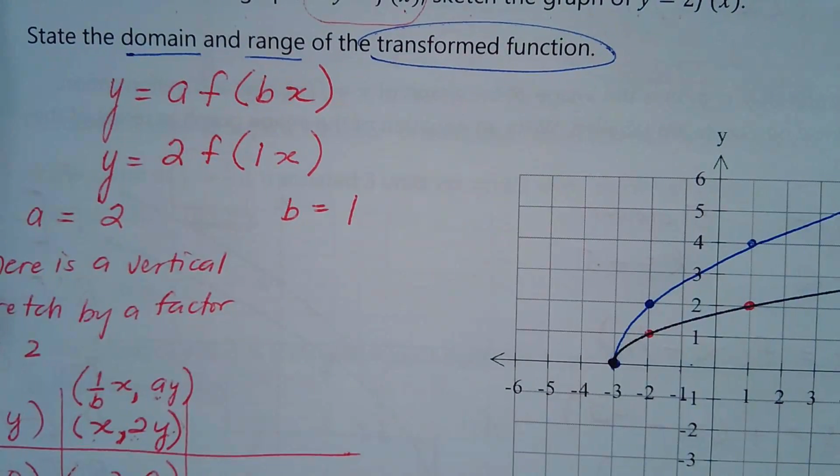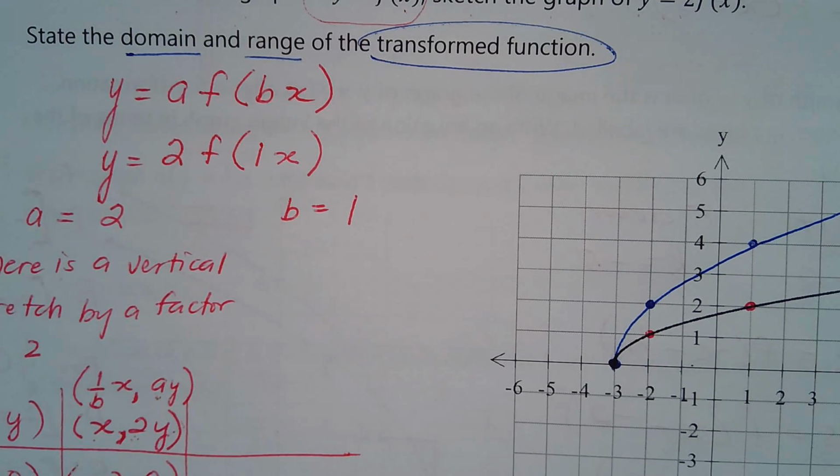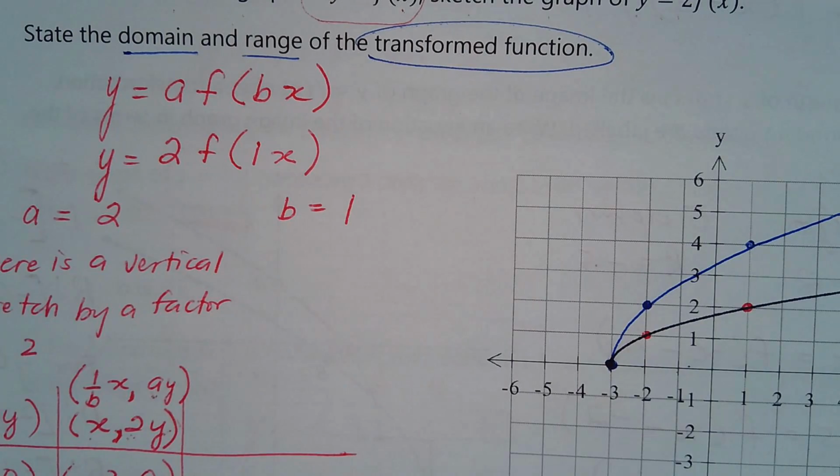Okay, good. Something that it doesn't say here, would you say too that if A or B is equal to 1, then there's no transformation? Yeah, it's just like multiplying something by 1. It doesn't change anything.